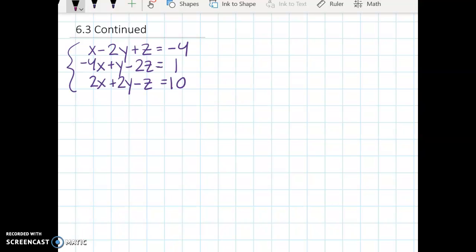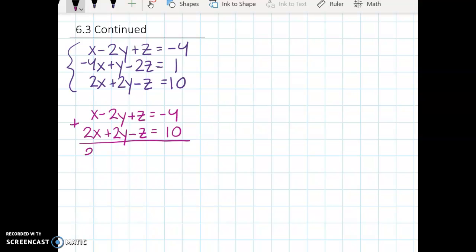So x minus 2y plus z equals -4, and 2x plus 2y minus z equals 10. If we add these together, we get 3x, -2y plus 2y is no y's, z plus -z is no z's, -4 plus 10 is 6, so we get to solve for x already. Divide by 3 on both sides and we get x equals 2.